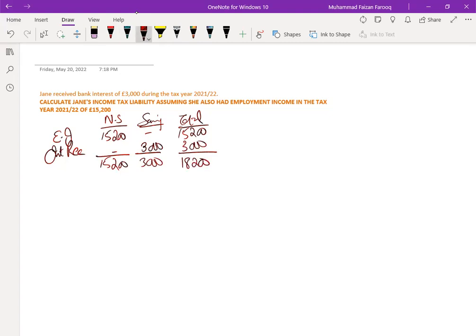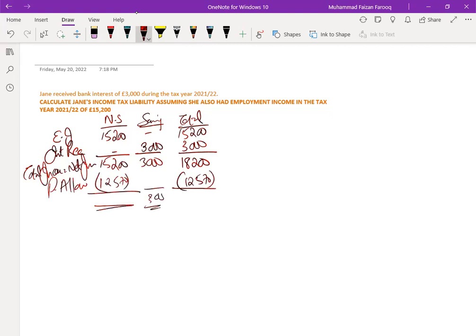18,200. Do we have any qualifying interest? No, this is the net amount of income. Personal allowance is how much? 12,570. So taxable non-savings income is 2,630 and taxable savings income is 3,000.